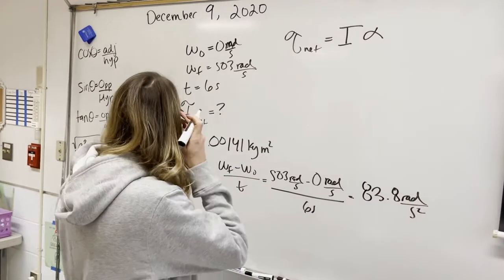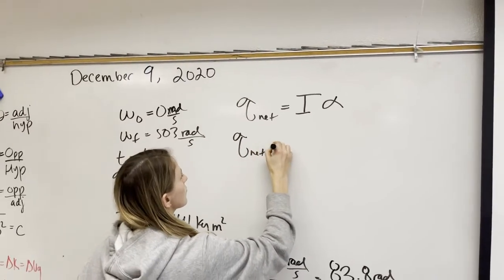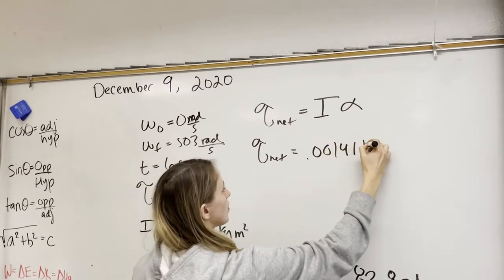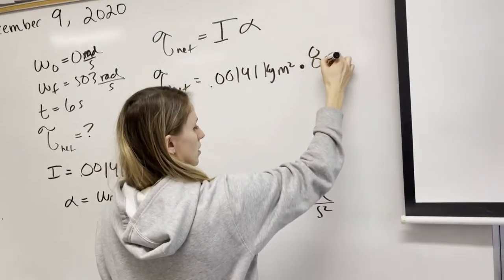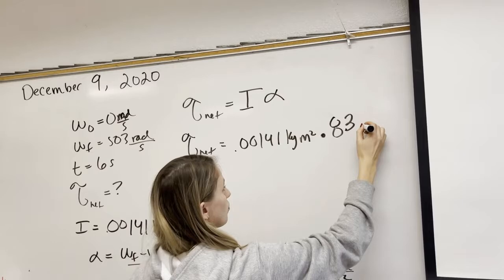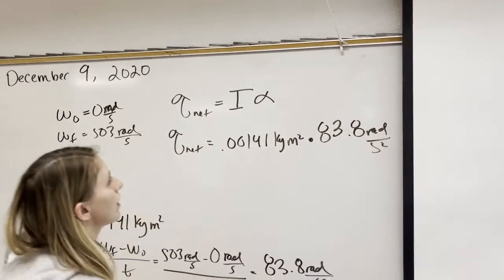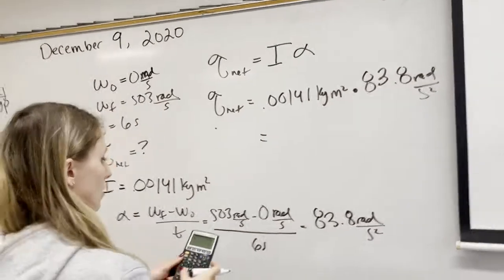So now we know the angular acceleration, and we've got the moment of inertia. Now it's plug-in time. 0.00141 kilograms meters squared times 83.8 radians per second squared.